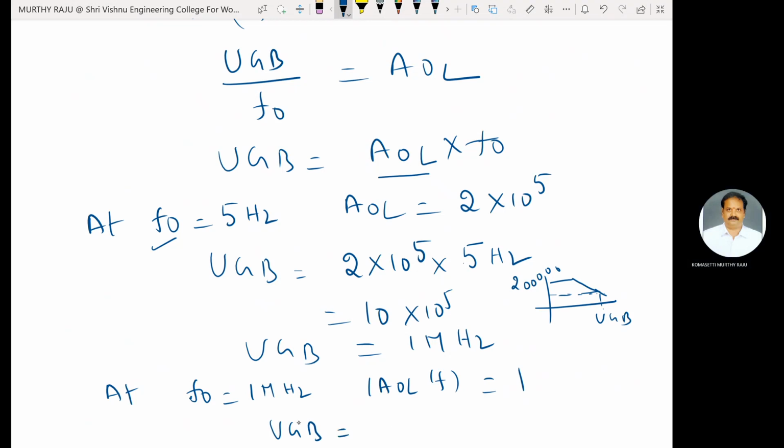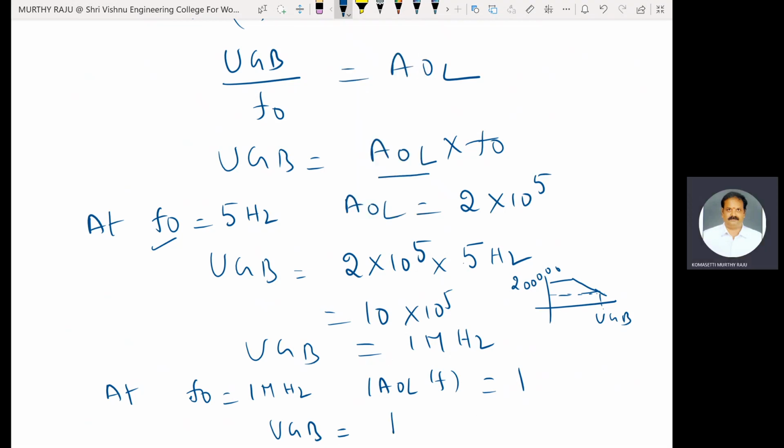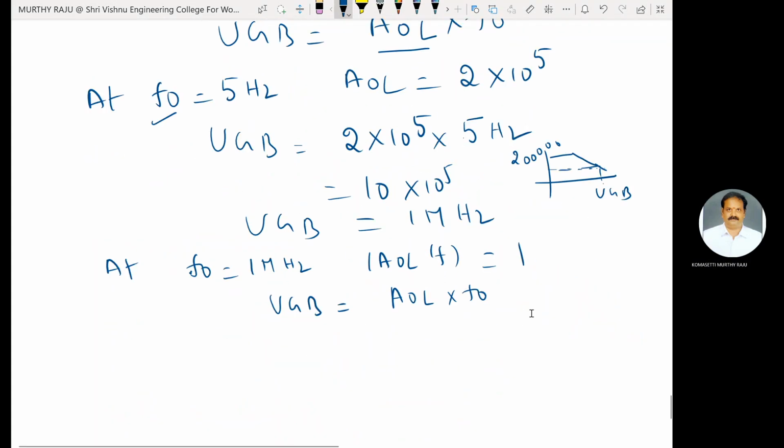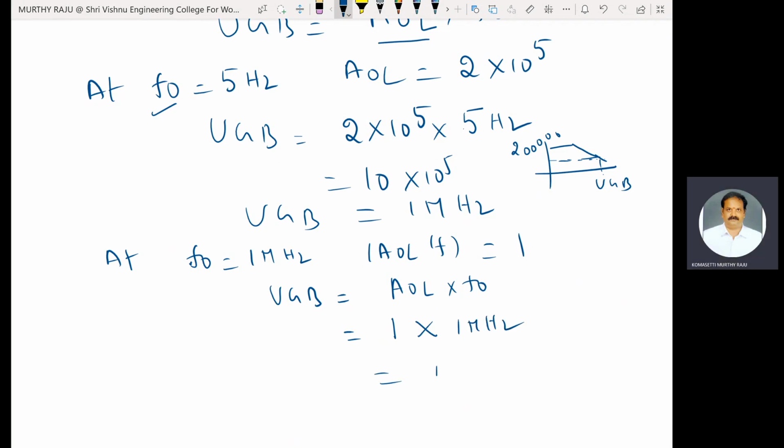UGB is equal to AOL into F naught. That is equal to AOL is 1, F naught is 1 megahertz, that is equal to 10 power 6 Hz.